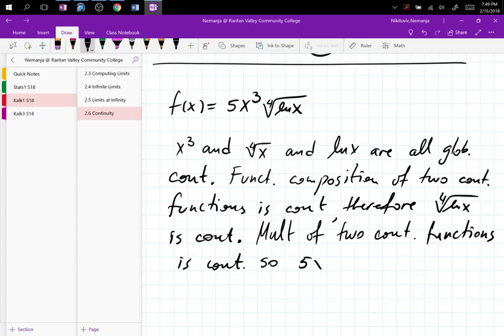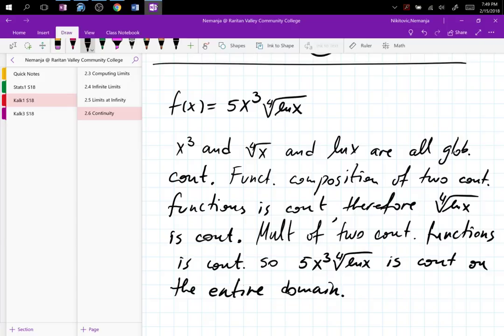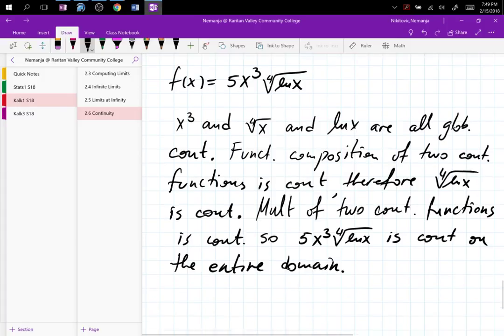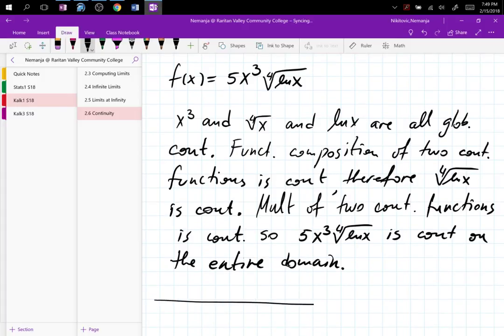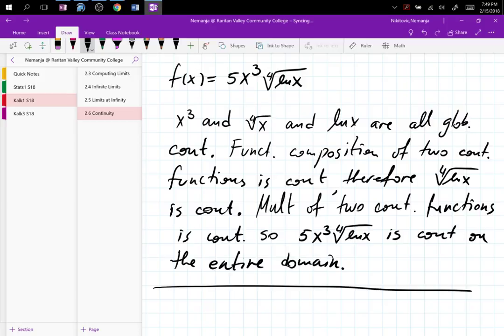So 5x cubed times the 4th root of ln x is continuous on the entire domain. And that's the essay. You don't have to double space it. Okay? Yeah, 3 or 4 sentences.